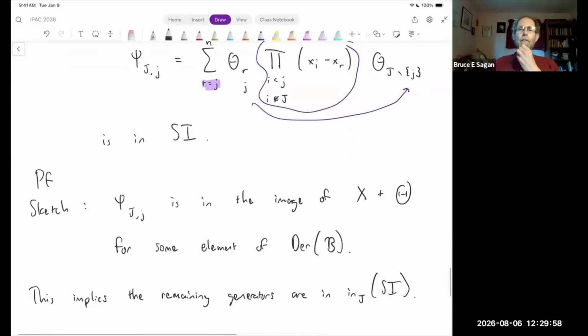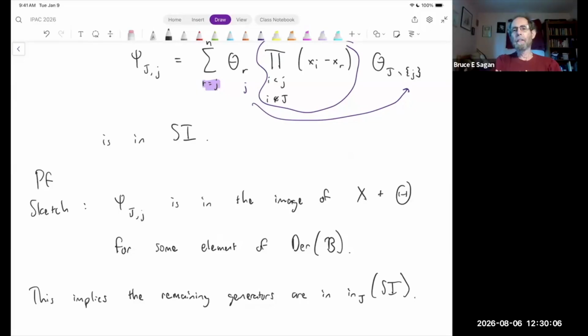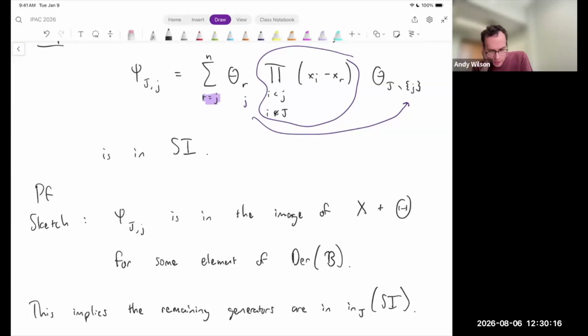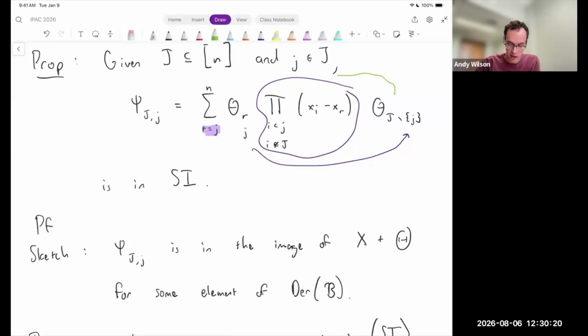Andy, one question. Please, yeah. The theta sub j with little j deleted doesn't depend upon that product. So it could be on the other side, but you're writing it this way because when you do derivations, you want the derivatives in that order, or what? I'm not understanding why you're writing it in this way. You're right that this is up to a sign, because these do anti-commute, you could move them around.